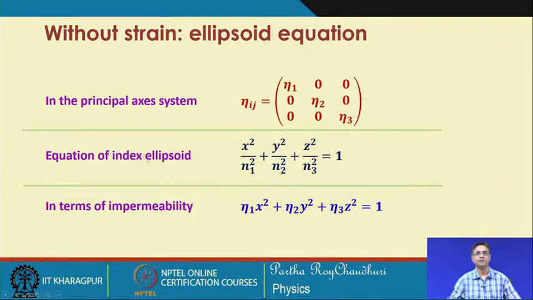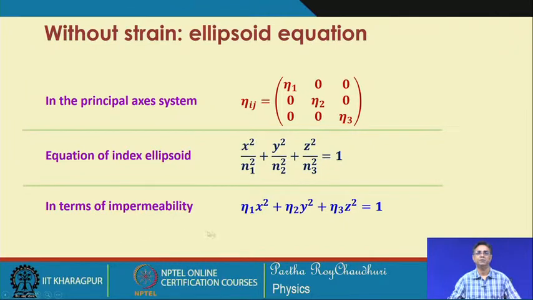Okay, now, in the principal axis system, we have eta 1, eta 2, eta 3, these are the principal impermeability components. The equation of the index ellipsoid is this, which is in the principal axis system of the medium, and that is when there is no strain, no deformation, no acoustic wave or anything, under the normal state.